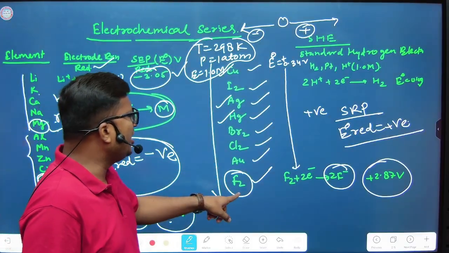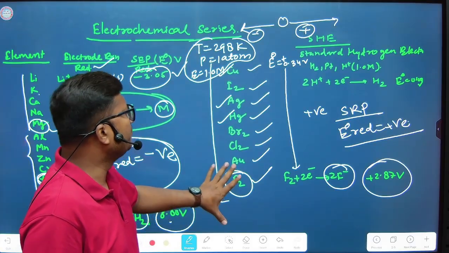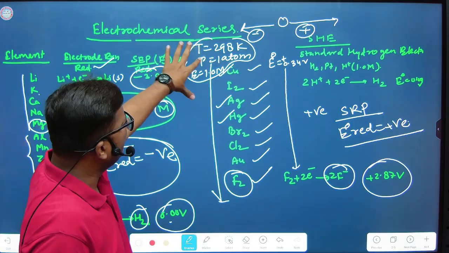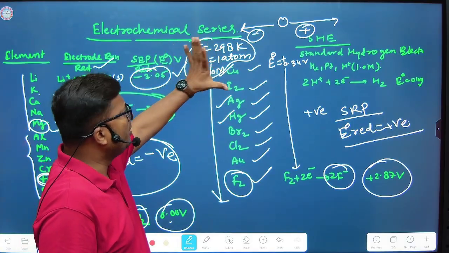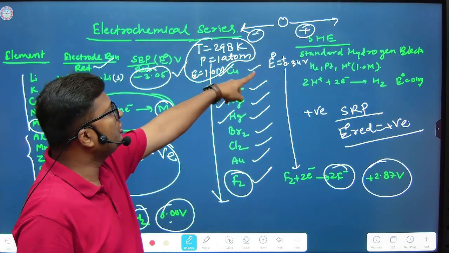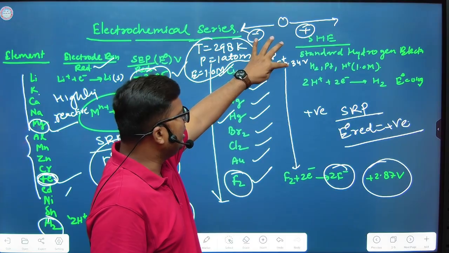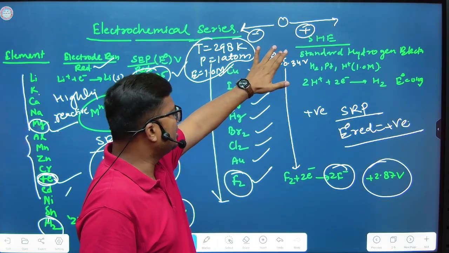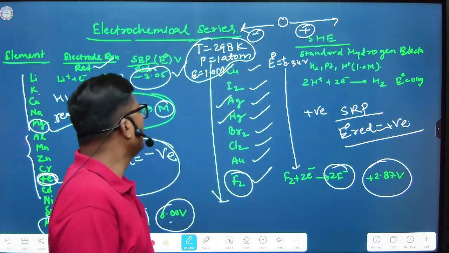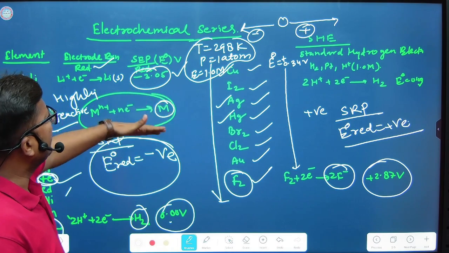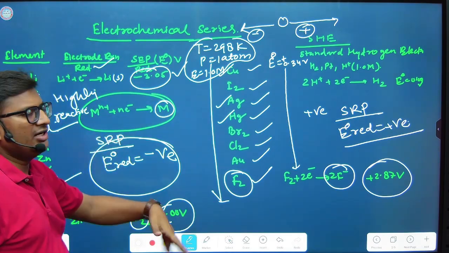The least reactive non-metal is fluorine, and copper is a weakly reactive metal, because of the positive standard reduction potential, and the positive standard reduction potential increases from copper to fluorine, right? It means the standard reduction potential from top to bottom increases.